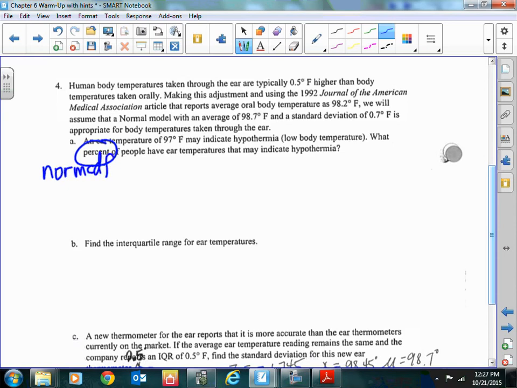So you are not done until you have applied norm CDF to some z-scores. And look at question B: find the IQR. Well, what did we just do at the beginning of class to enable you to do the IQR? Find your Q3 and find your Q1 so you can find their difference. Okay? So the warm-up, here's your homework.